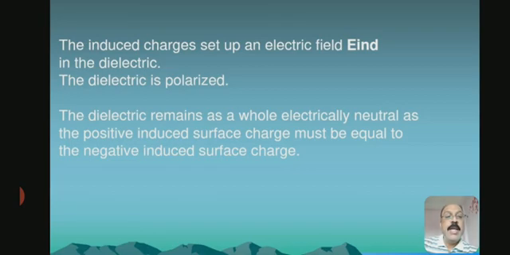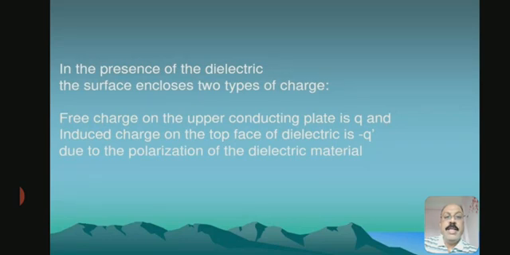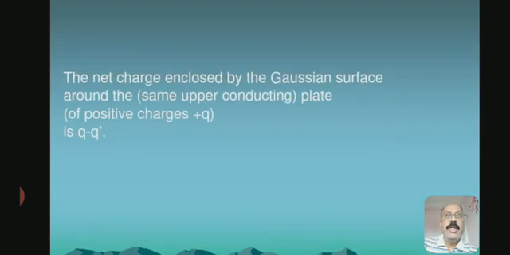The dielectric remains as a whole electrically neutral, as the positive induced surface charge must be equal to the negative induced surface charge. In the presence of the dielectric, the surface encloses two types of charges. One is the free charge on the upper conducting plate, Q, and the induced charge on the top face of the dielectric, minus Q dash. Due to the polarization of the dielectric material, the net charge enclosed by the Gaussian surface around the plate is Q minus Q dash.